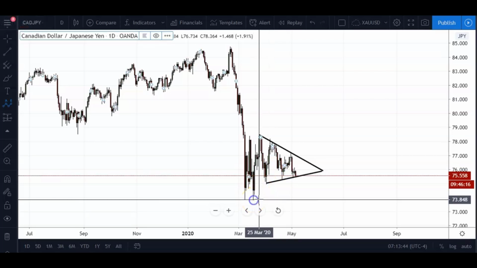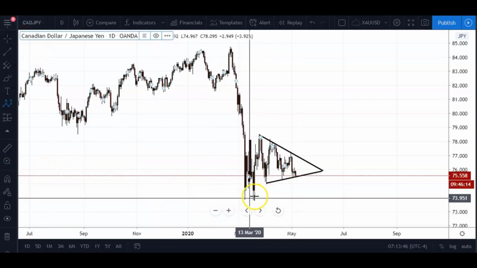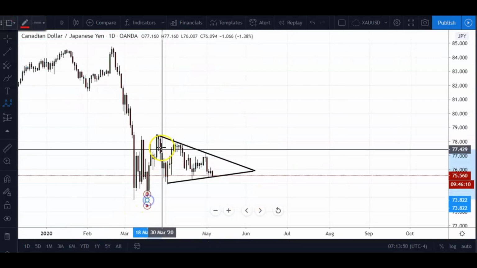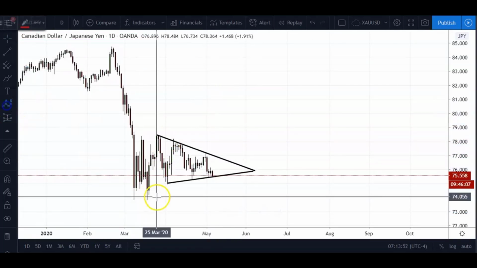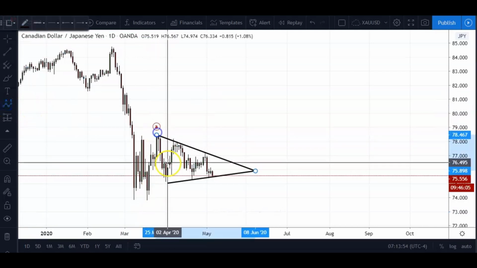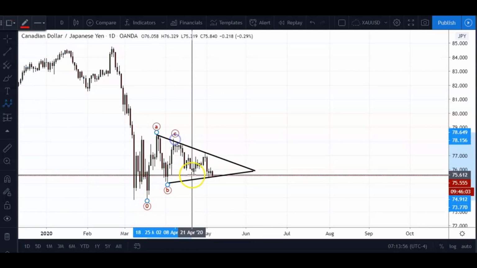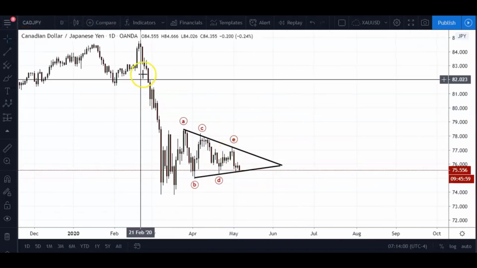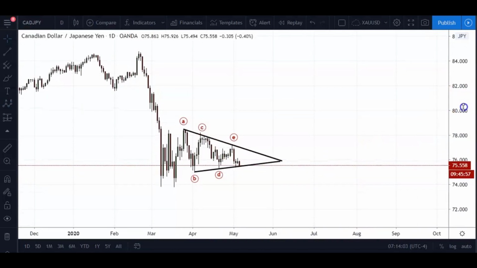So let me get my tool out here. You'll tend to see that triangles work in 5 waves: A's, B's, C's, D's, and E's before a correction ends and the previous trend resumes to the downside.